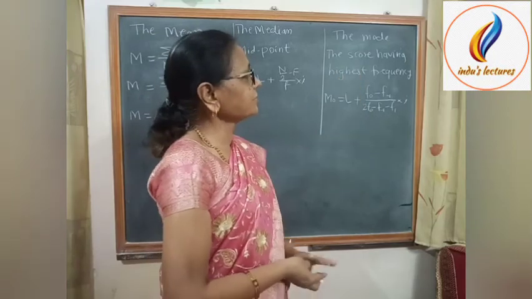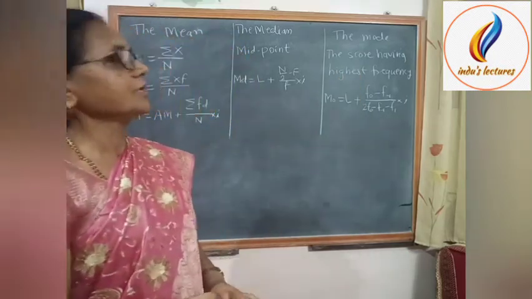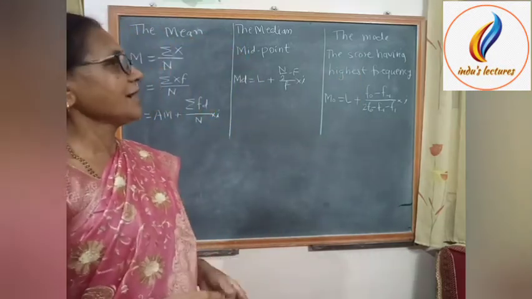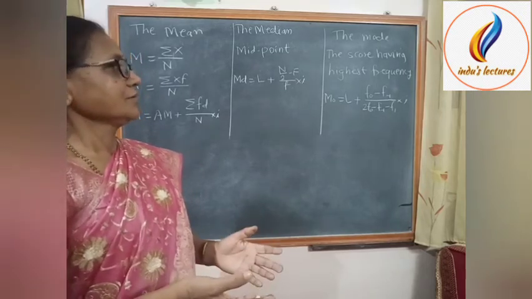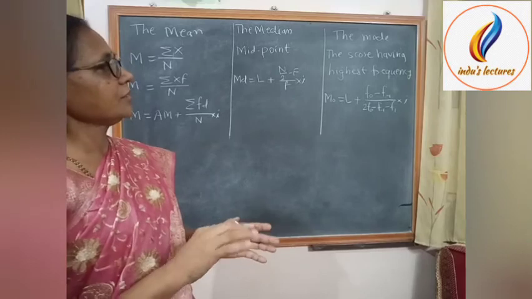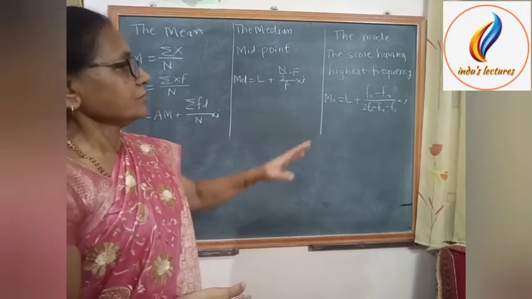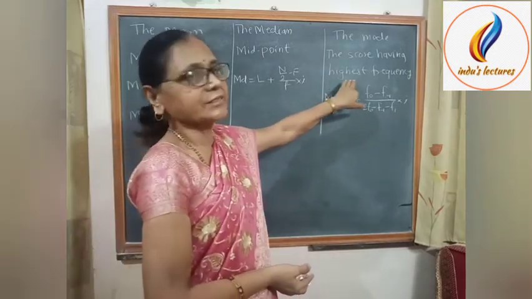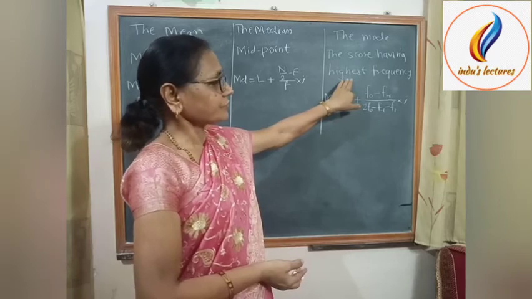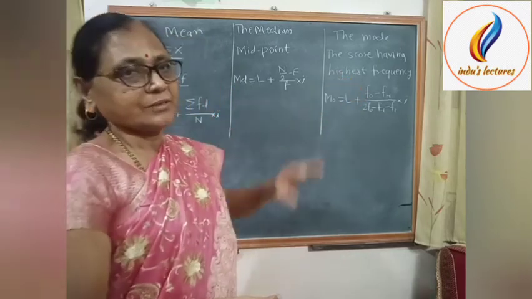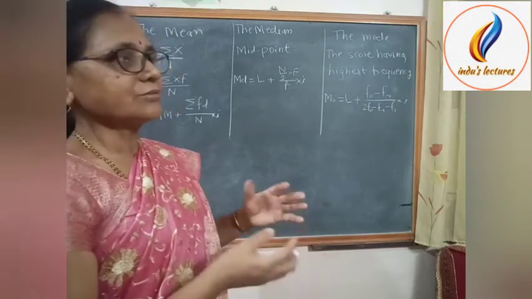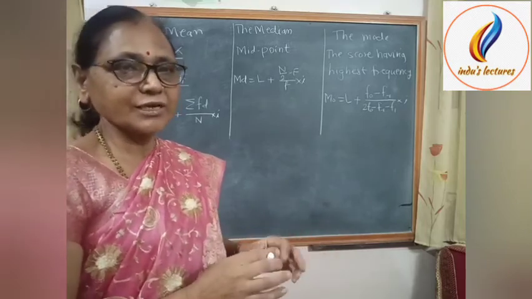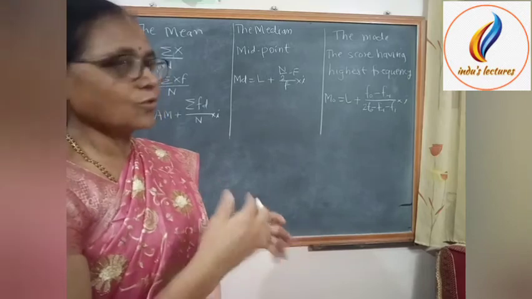Now again we consider mode. Mode is a score having the highest frequency. That means it may be a higher score or a low score. It is a very crude measure of central tendency. Sometimes the distribution has no mode. Sometimes the distribution has more than one mode.